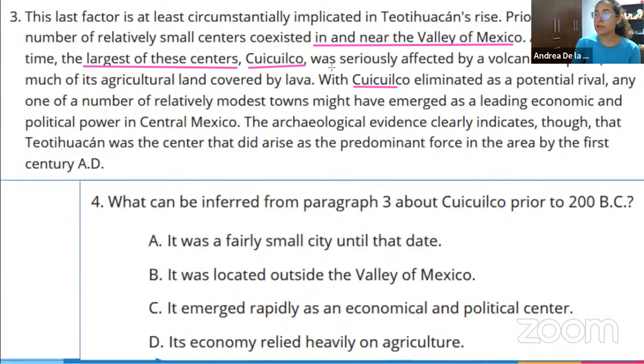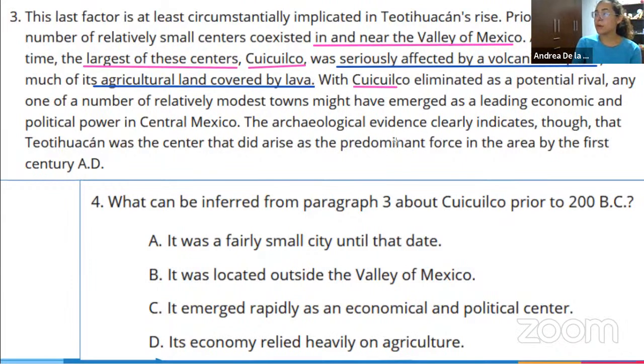Okay, that's the second thing that we know. As Rosario says, the eruption covered their agricultural land with lava, right? So that's the second thing that we know, that there was a volcanic eruption that destroyed their agricultural land.